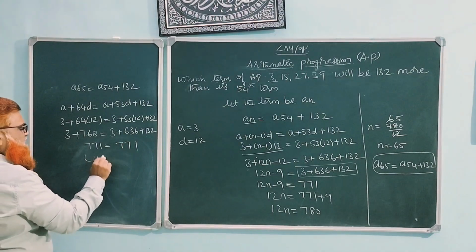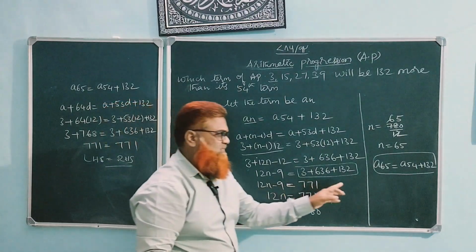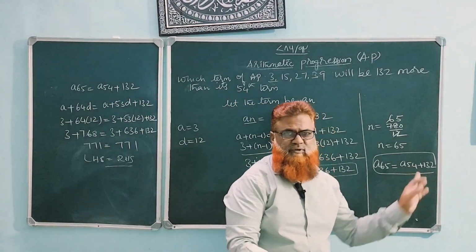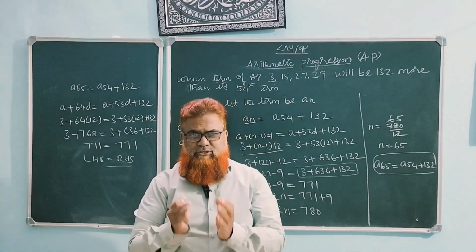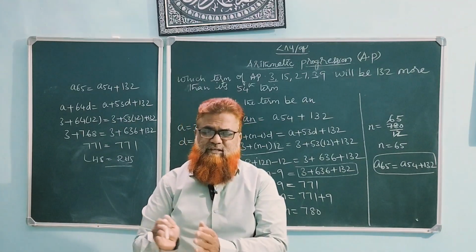Therefore LHS is equal to RHS, and the term A65 is 132 more than its A54. This is the way we can ensure that the problem we have solved, its verification is also true.